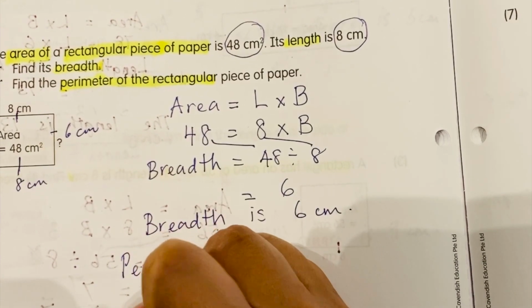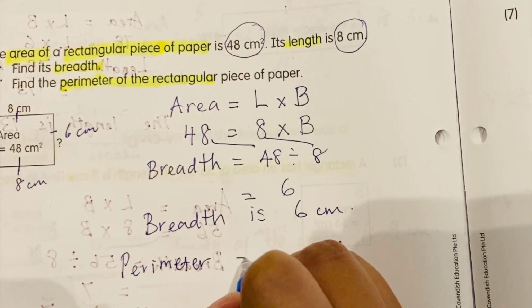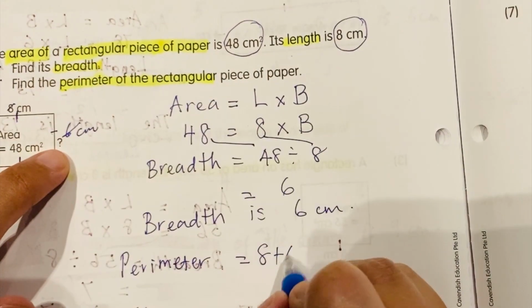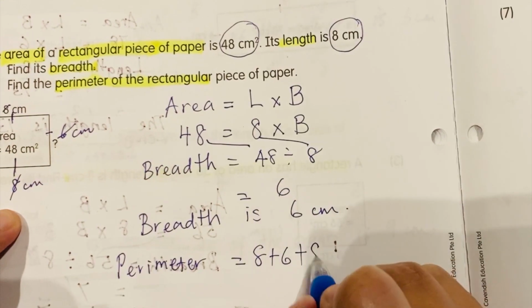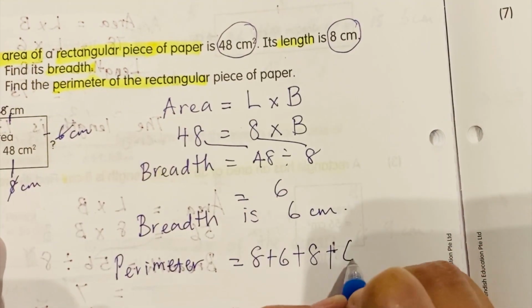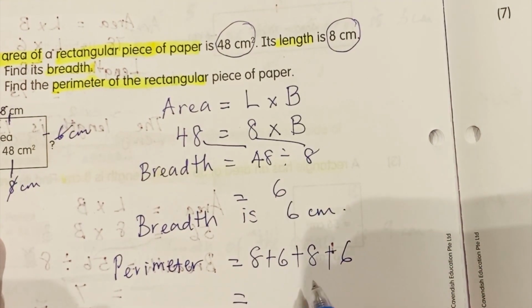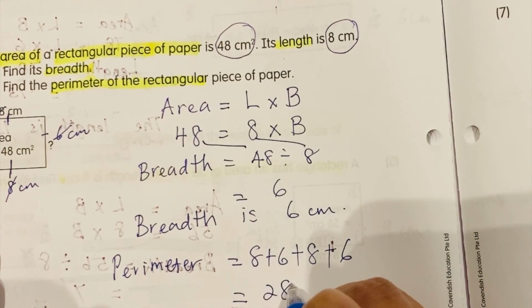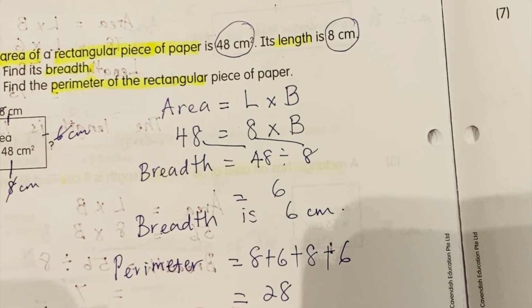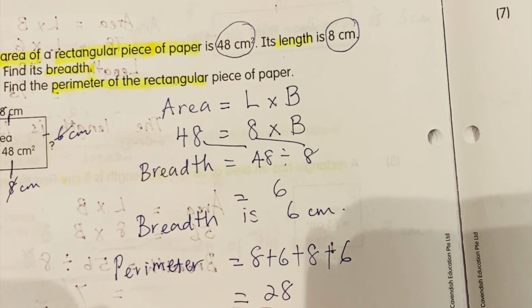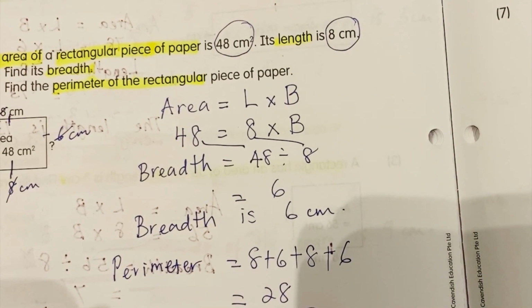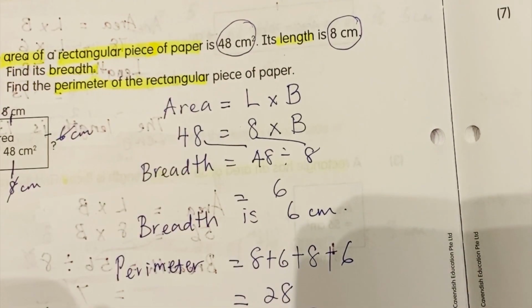So perimeter equals 8 plus 6 plus 8 plus 6. You add them all up, and your answer is 28. So the perimeter is 28 centimeter. Perimeter, so it must be in cm. So we are done with part B.